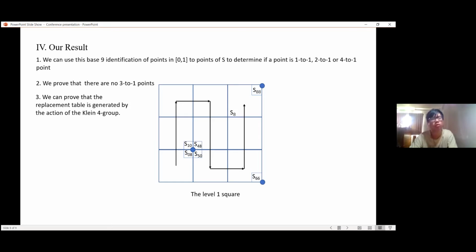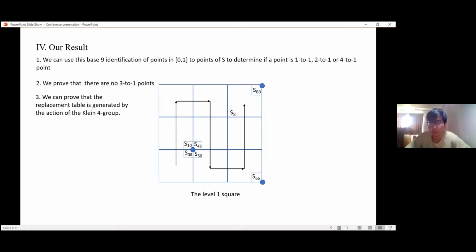Is it true? I think it's true. Yeah, there are only countably many lines, and the lines intersect in only countably many points. And that's the only possibility for the 4-to-1 points, where two triadic lines intersect.